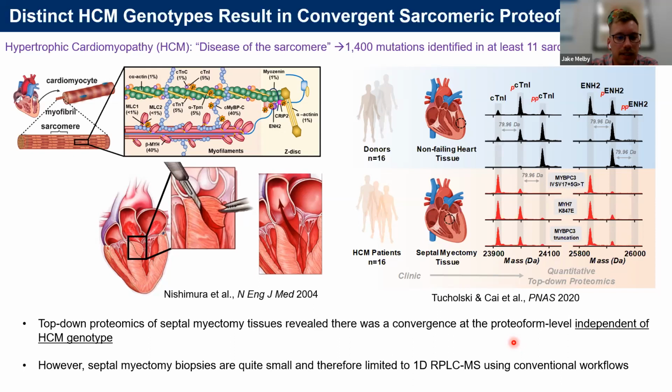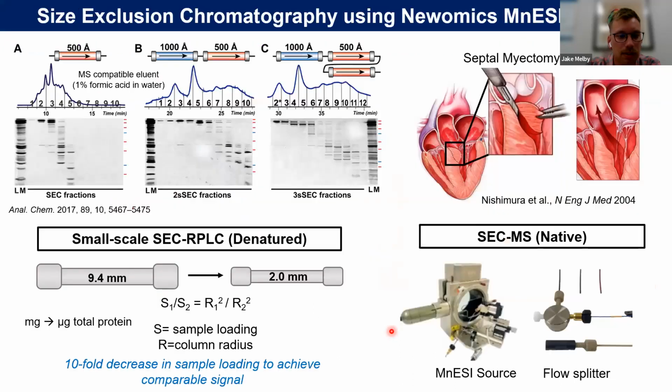But one of the difficulties with this project was that these septal myectomy tissues, which is a surgery performed to correct the obstruction that's impeding blood flow, and this is the sample that we studied in this work, is very small, and it was limited to one-dimensional LCMS methods.